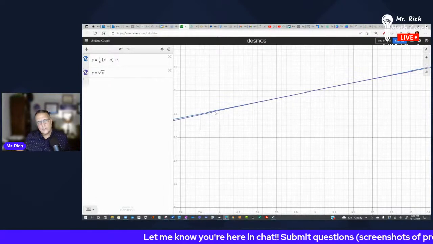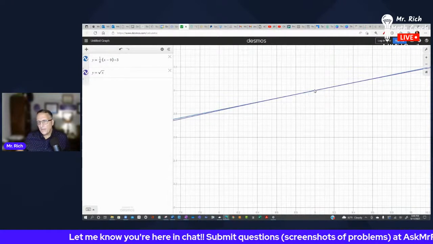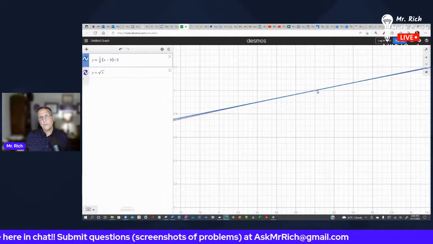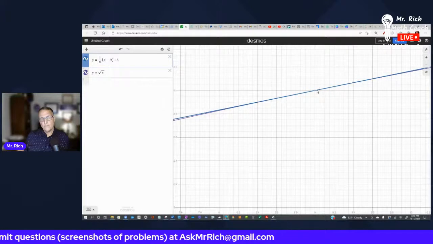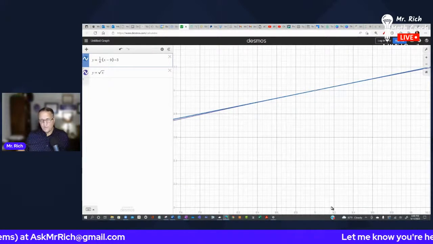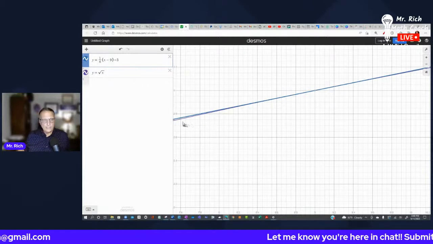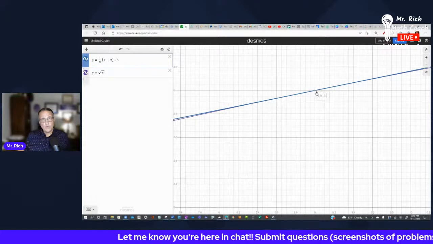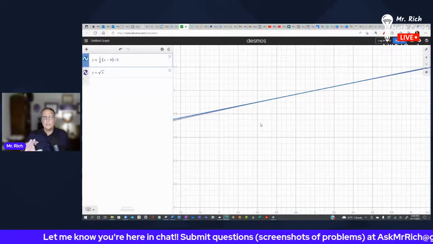Just as a reminder, that's the point of tangency right there. So you can't even distinguish between the tangent line and the curve itself. But I'm looking over a very small interval if you look at my axis down here. You can see some separation start to occur the further I get away from the point of tangency. But here's the thing.